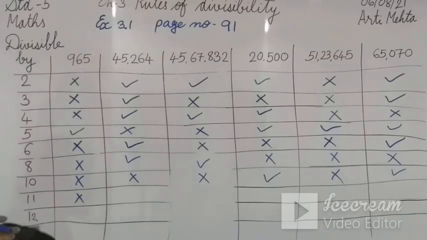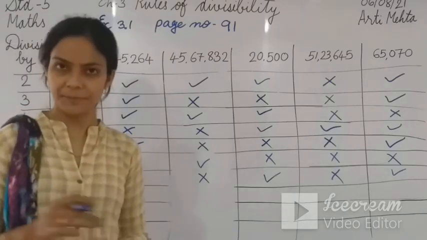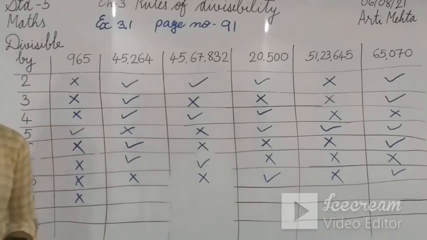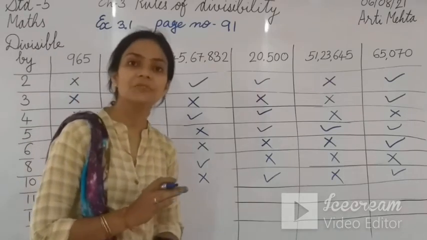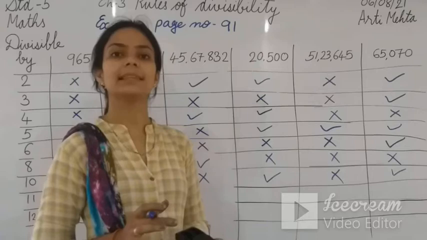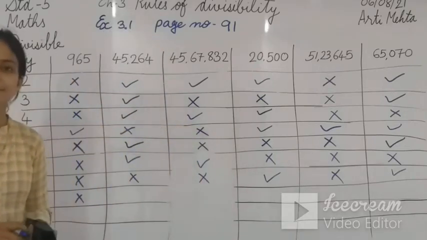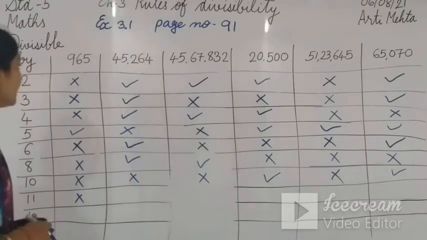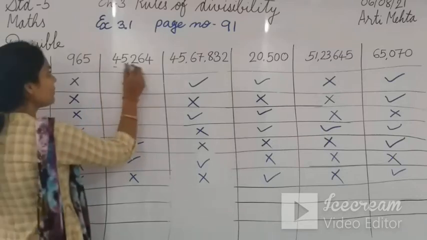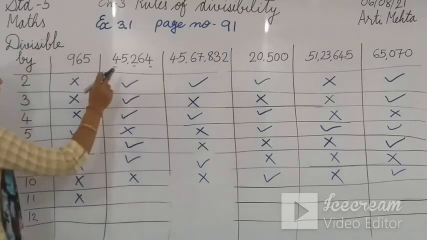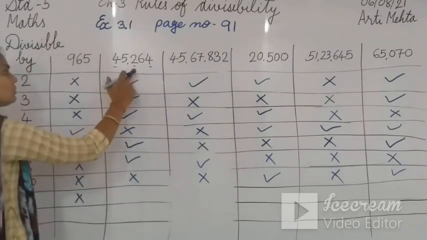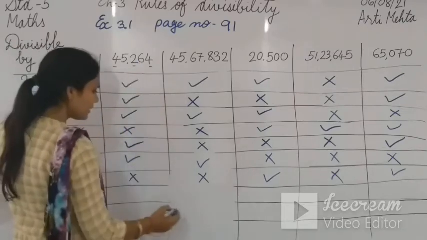Understood? क्या करना है? odd places का sum करना है, even places का sum करना है, then difference करना है और वो देखना है अगर difference 0 आता है या 11 आता है कि नहीं. Okay, 11 की divisibility है कि नहीं. Okay, now here we will count the sum of odd places. Odd places is 4, 2 and 4. 4 plus 2, 6. 6 plus 4, 8.